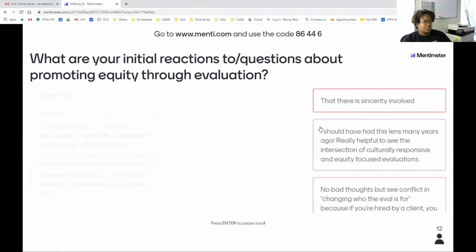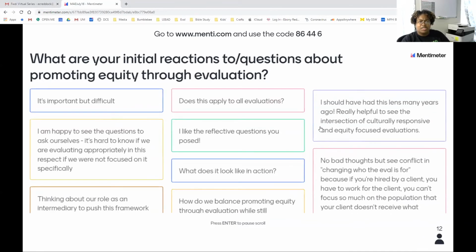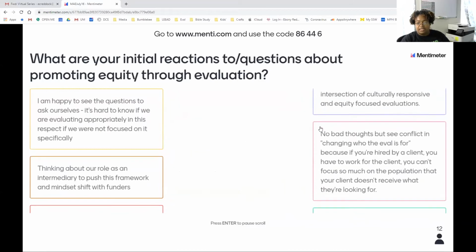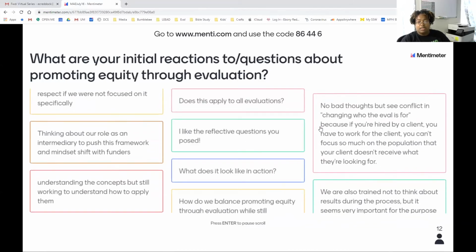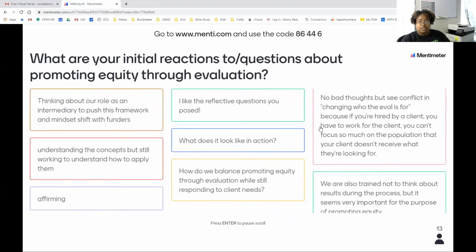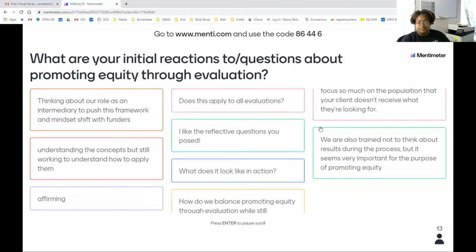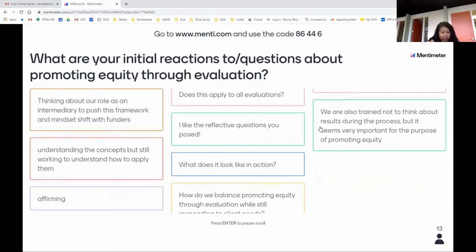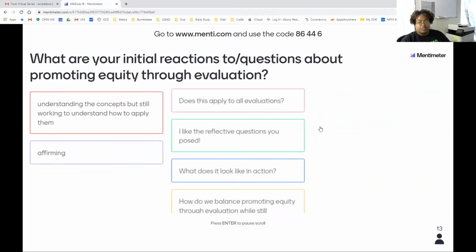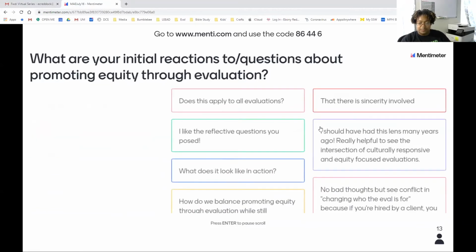Some of us in the group, I recognize the names, are part of an evaluation collaboratory where we're learning about this practice. We talk a lot about how you balance who it's for when you're being paid by a client. And I know that not only myself, but some of them would love to chat about that.